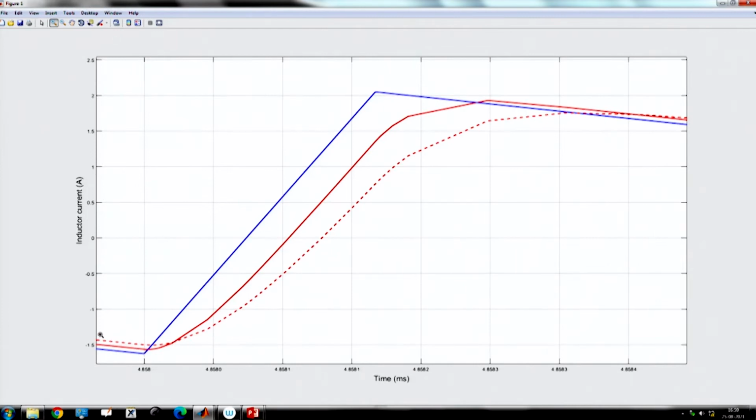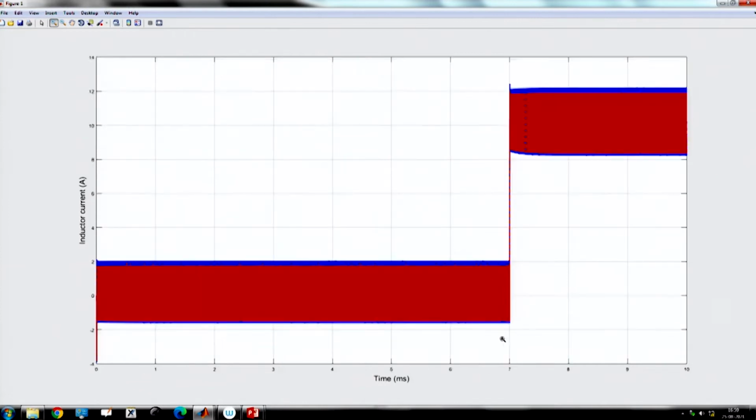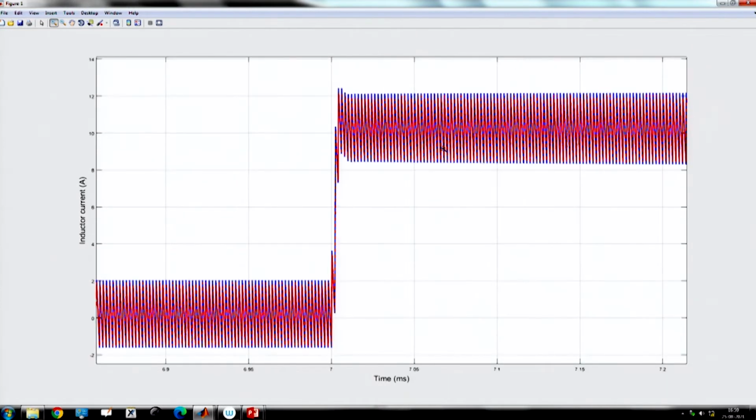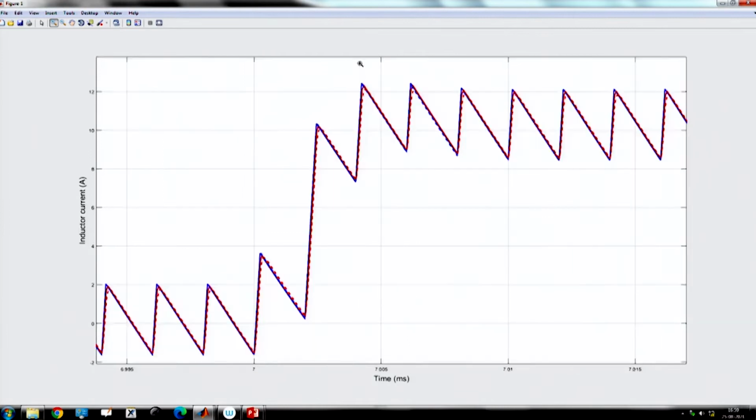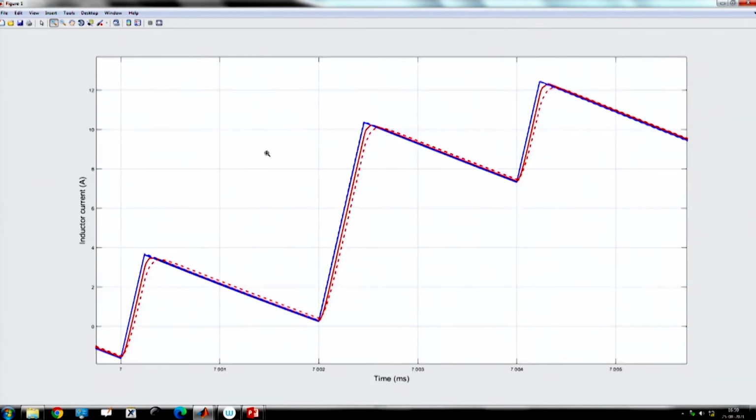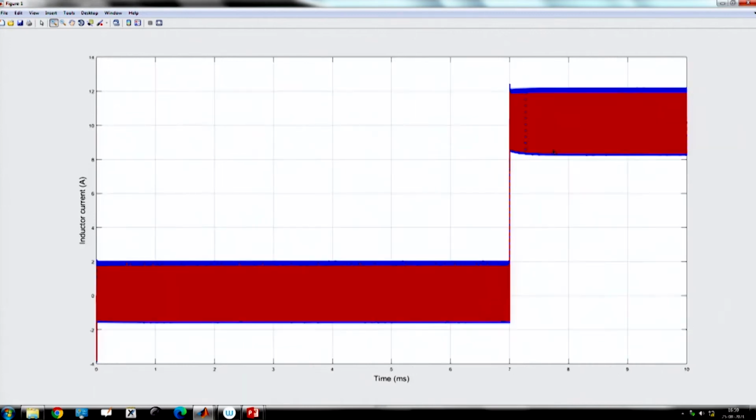You see the peak of the filtered dotted curve is coming somewhat after the actual peak, right. So that means it is introducing a phase lag as well as attenuating the harmonics, and we are not getting any significant deviation in the response due to this low pass filter effect.